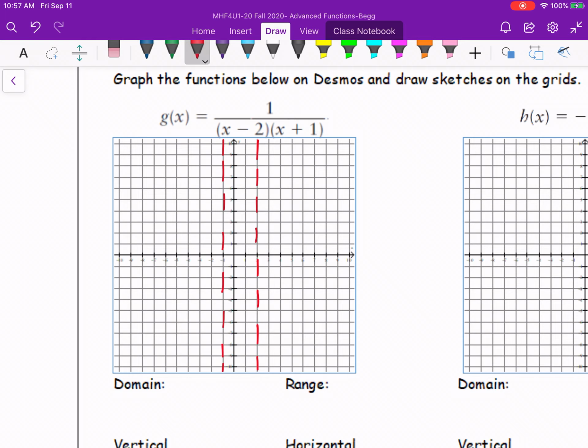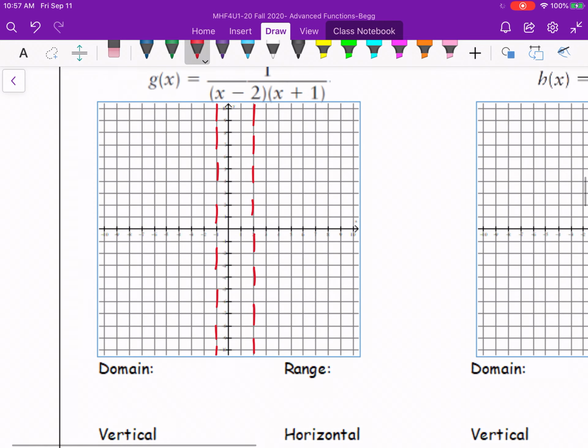Alright, so there's our vertical asymptotes I've sketched in there. And then we've got the horizontal asymptote, which I won't sketch in because it's the x-axis. Then we had the three chunks of the graph. The one chunk, I didn't really talk about, just the asymptotes.